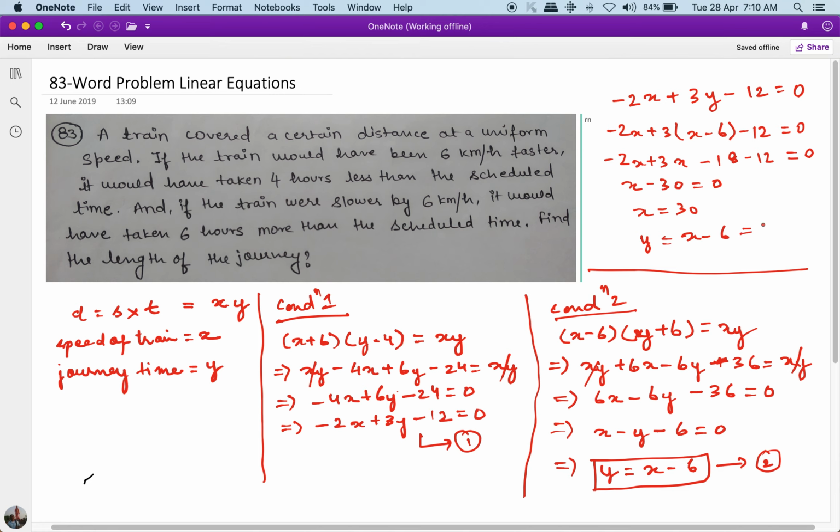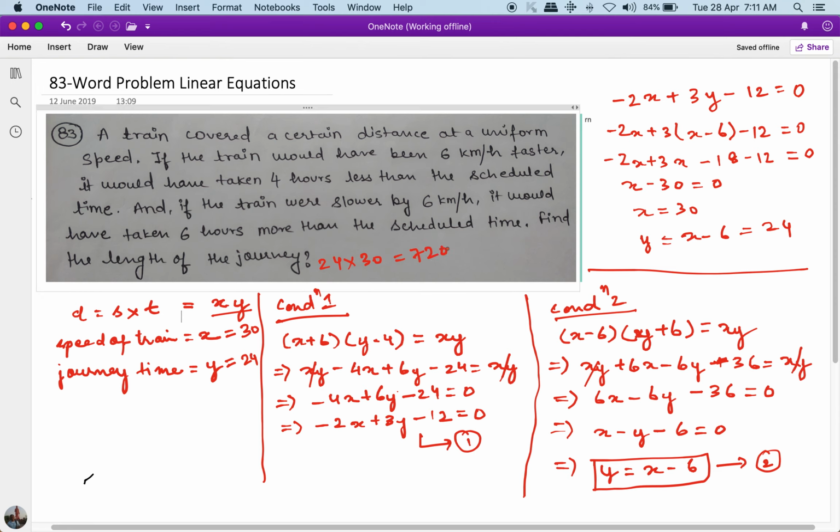This becomes 30 minus 6, 24. So remember that speed of the train was x, so the speed becomes 30 kilometers per hour, and the journey time was y, so this becomes 24 hours. Now we had to find the length of the journey, which is x into y. So x into y is 24 into 30, that is equal to 720 kilometers.